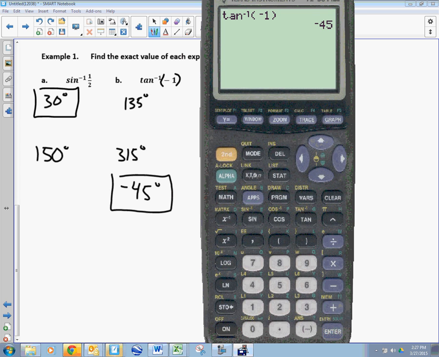I'm just trying to help you understand. You might be like, oh, I thought it would come up with 135. No. If I asked you to do tangent inverse of -1, the correct answer is -45.